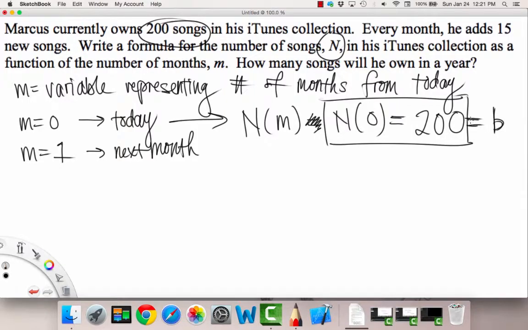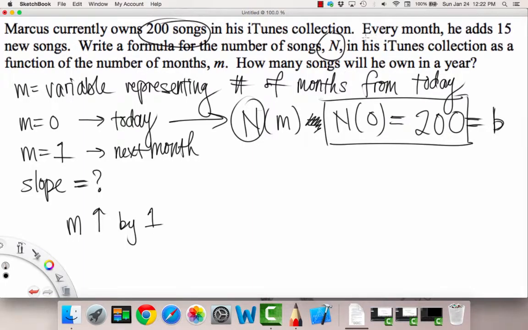Now our job is to find the slope. I won't use m because we already used m for our variable. Remember, when I was introducing slope, I said that's basically how much our function changes with each 1 unit increase in the input. So as m goes up by 1, each month, how much does his n change?